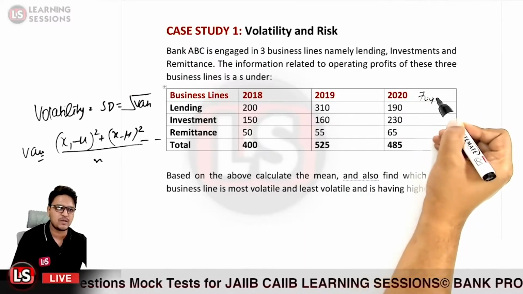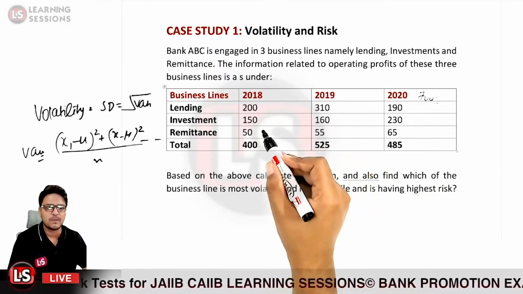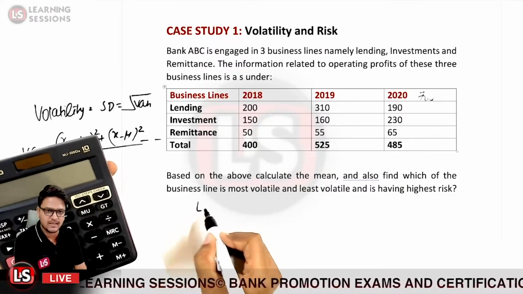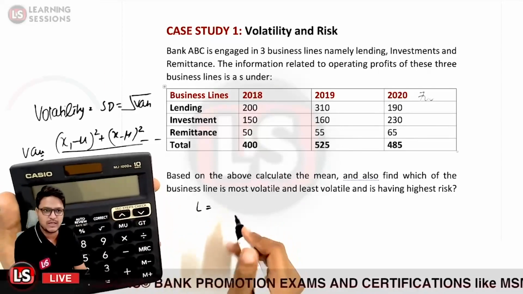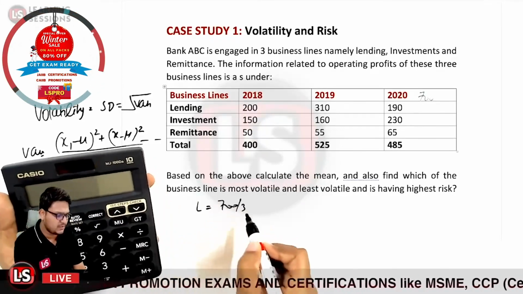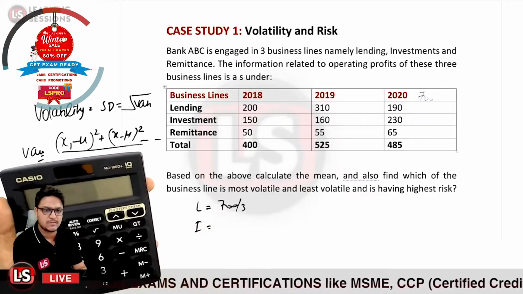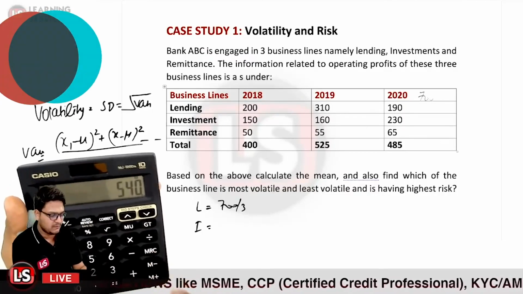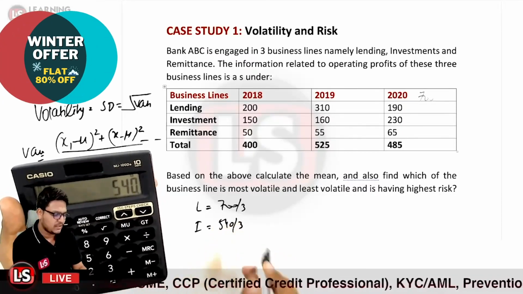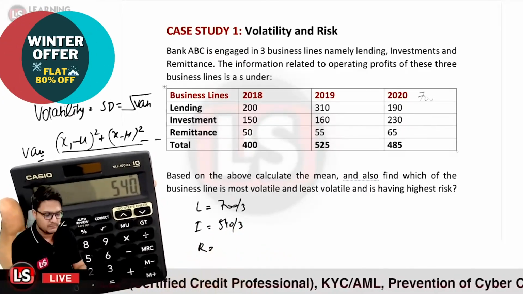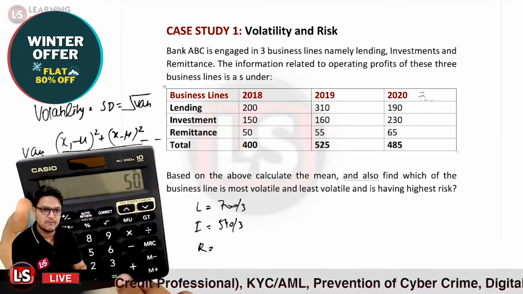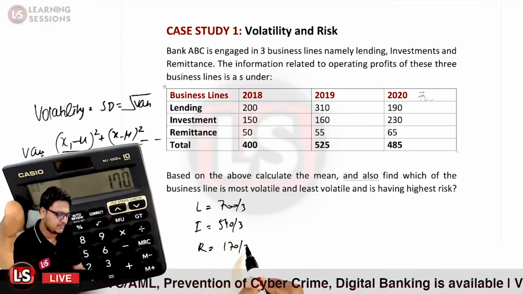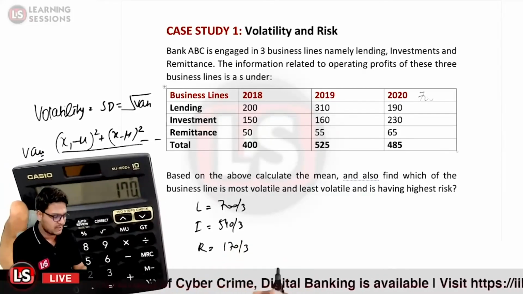So the mean for lending is 700 divided by 3, and for investment it is 150 plus 160 plus 230, that is 540 divided by 3. And in the case of remittance it is 50 plus 55 plus 65, that comes out to be 170 divided by 3. So those are the mean values that we have calculated so far.